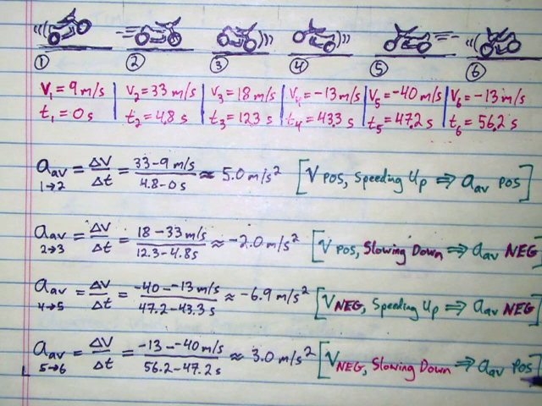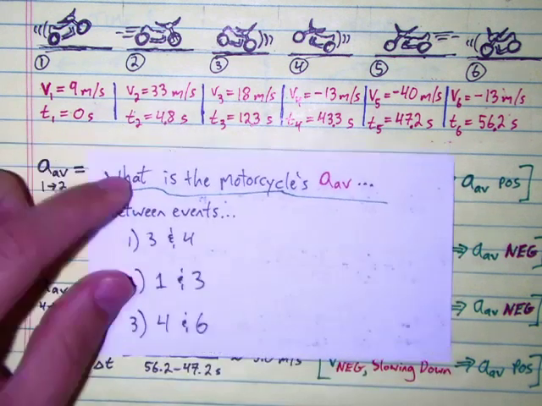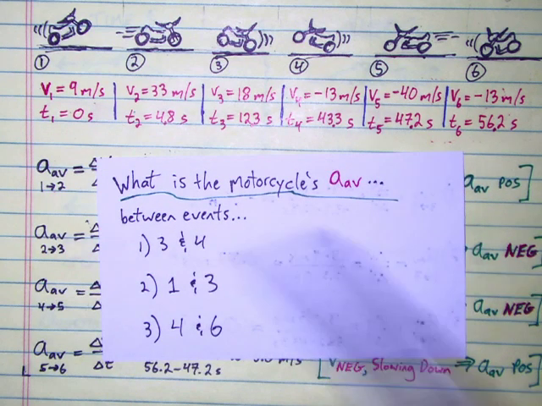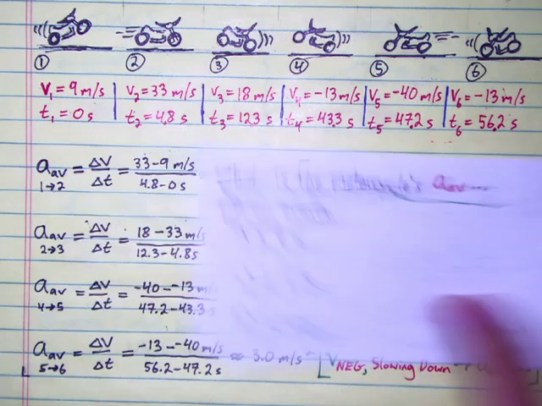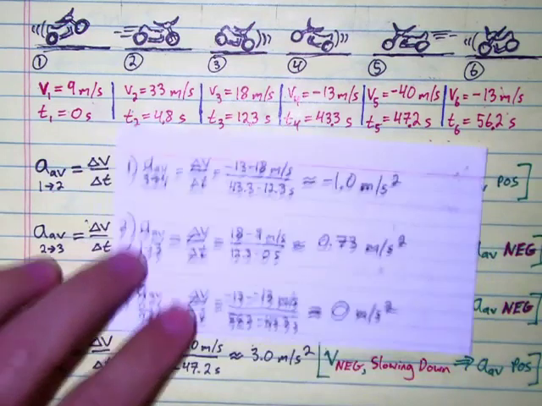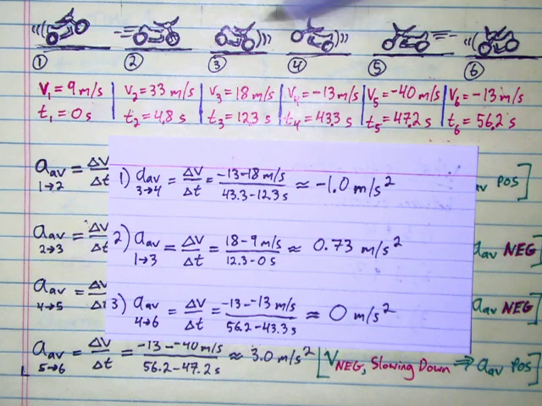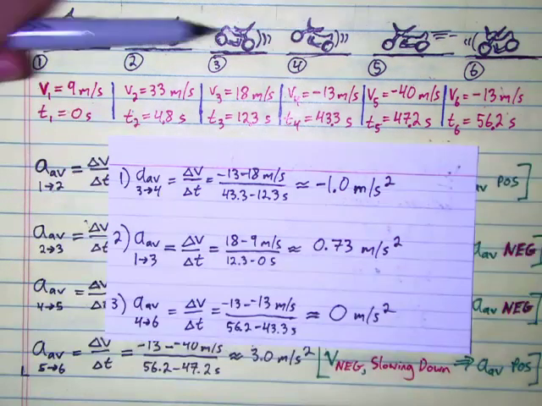No deceleration. Okay, now work out a couple of these on your own. Find the motorcycle's average acceleration between events 3 and 4, 1 and 3, and 4 and 6. Pause the video, work that out. Here's the answer. From events 3 to 4, he was moving in the positive x direction, positive velocity.